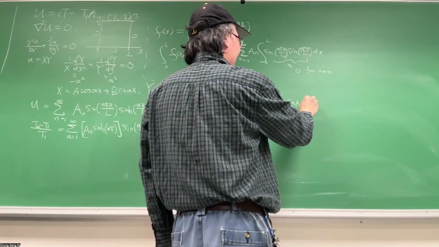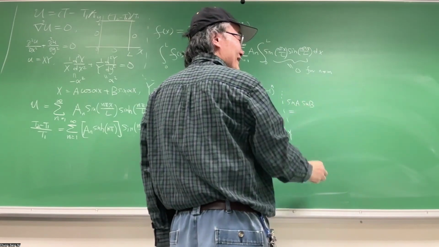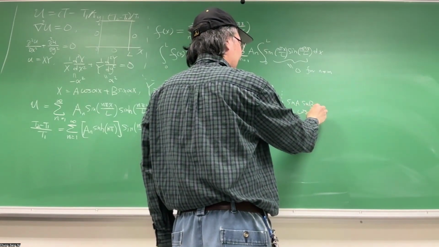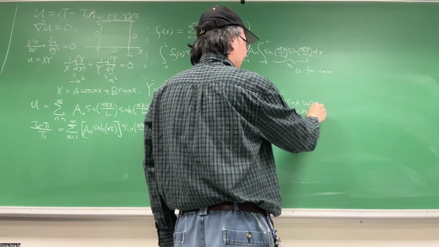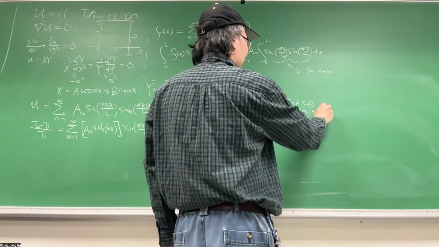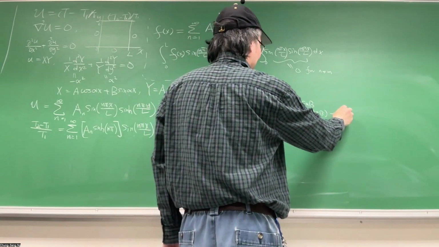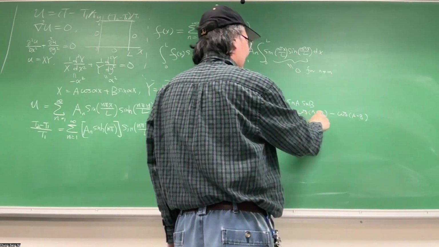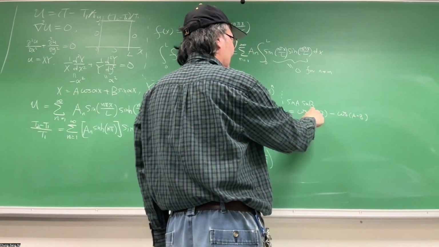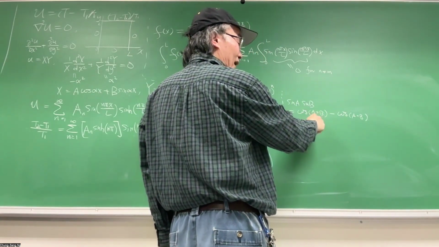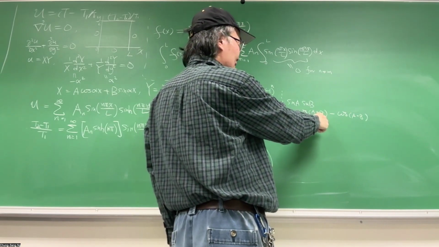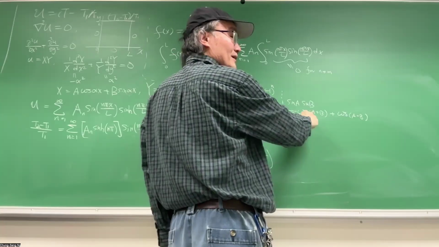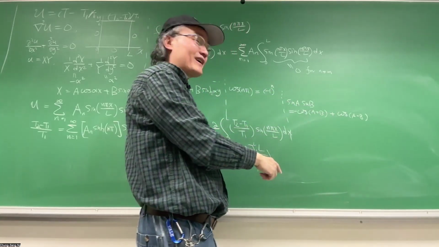Sine A sine B should be something like cosine of A plus B, cosine of A minus B. Let's figure it out, because cosine of A plus B gives you cosine A cosine B minus sine A sine B. So that should be a minus sign, and this should be a plus sign, right?